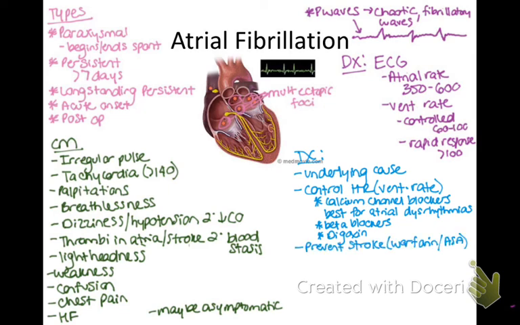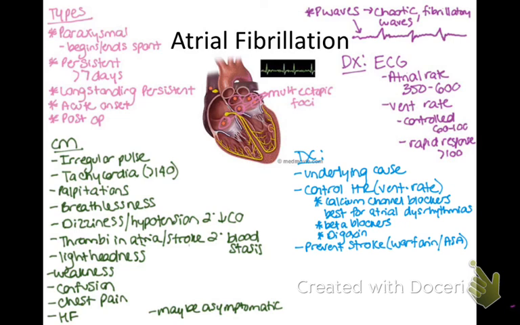The big thing is we need to prevent stroke, right? Because if I'm sitting here in AFib and my atrium's quivering and I have a bunch of clots forming in my atrium and my ventricle's squeezing and I give a calcium channel blocker and my heart goes, oh good, thanks, lub-dub.